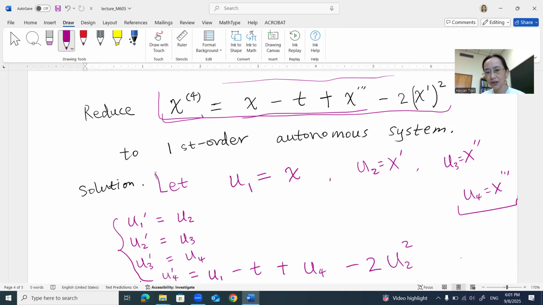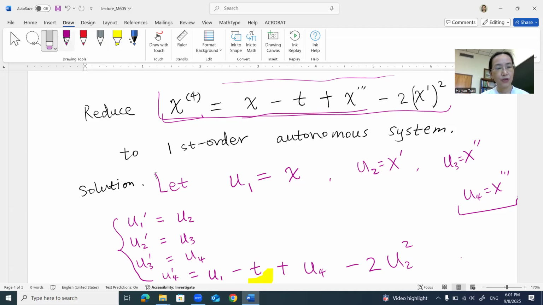However, this is not yet autonomous. Why? Because there is a t. So you see the t variable here. We want to make sure that t does not appear in the vector field. So let's make t disappear.